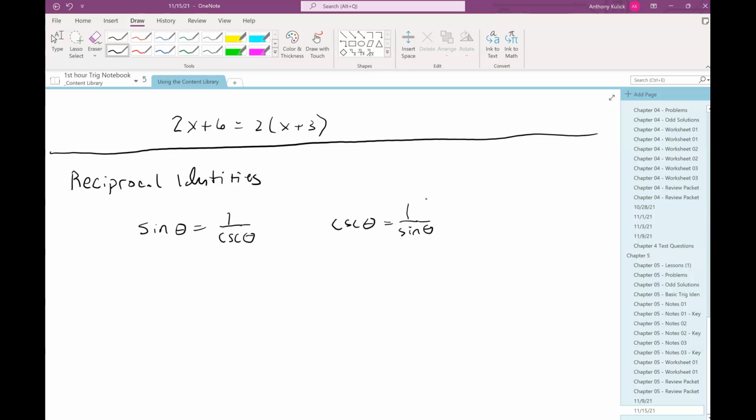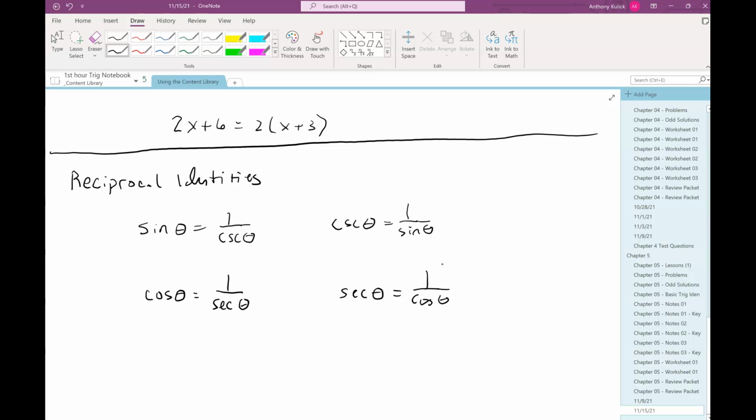We know that cosine and secant are reciprocals. So we can say that cosine is 1 over secant, or that secant is 1 over cosine. And I guess I should say secant theta is 1 over cosine theta. Sometimes I'll get going too fast and forget to say the variable name with it, but everybody still okay?